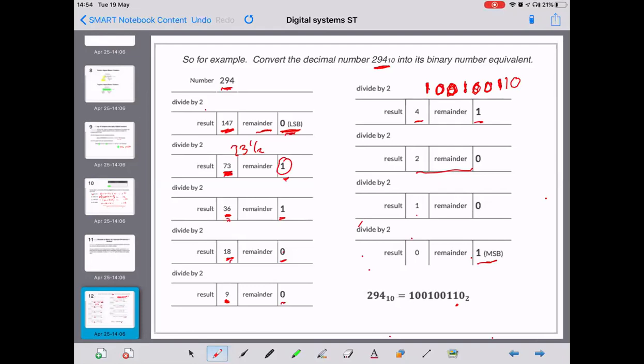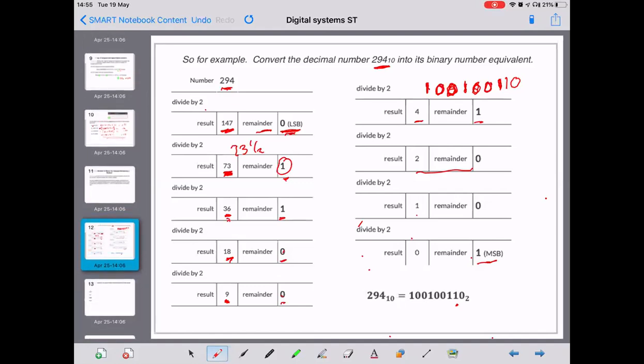Even, 0. Even, 0, and so on. So by continually dividing by 2, starting at the least significant digit, we can turn our decimal number into a binary number.